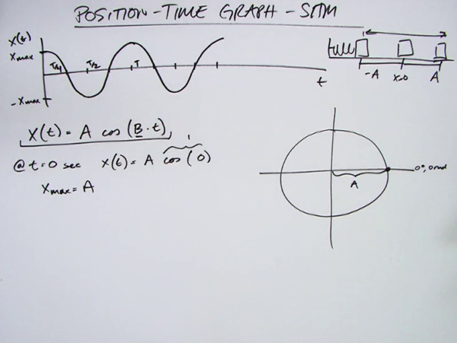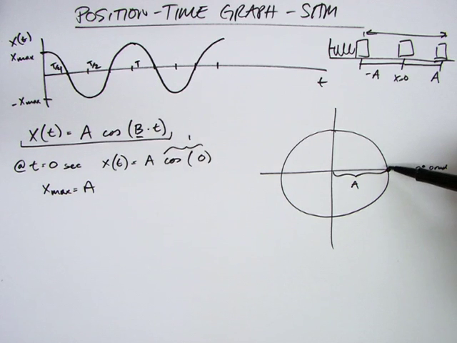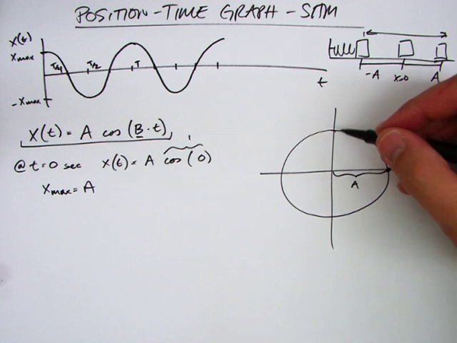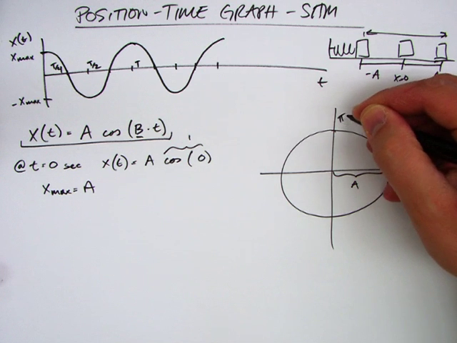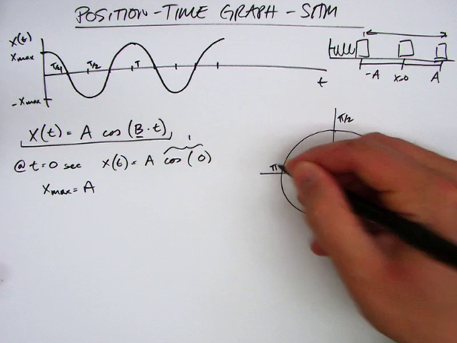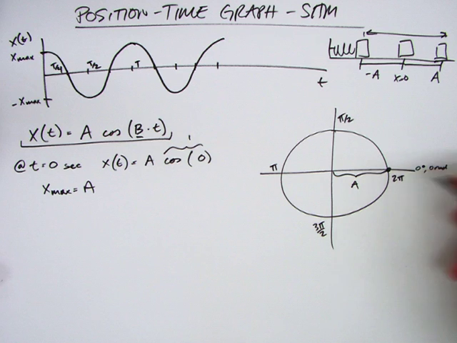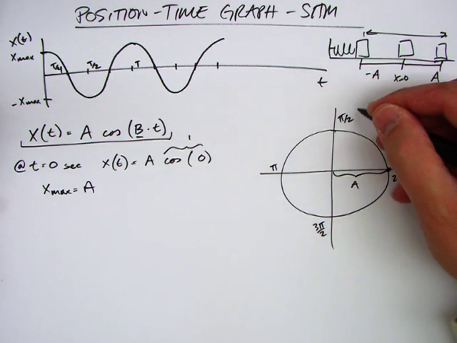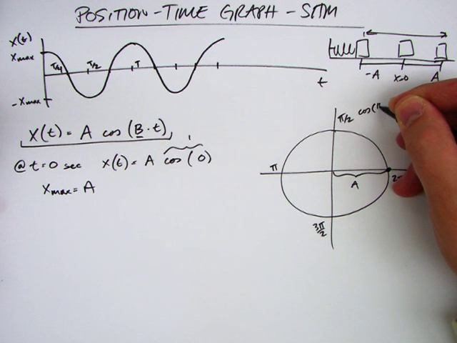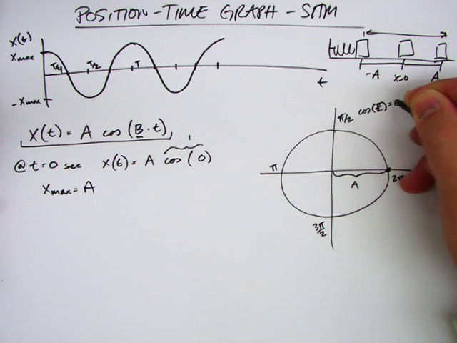So let's think about my oscillator in terms of circular motion and a unit circle. If we start at 0 radians, as we rotate and go to pi over 2 radians, pi radians, 3 pi over 2 radians, all the way to 2 pi radians, the cosine function changes. At pi over 2, the cosine is 0.